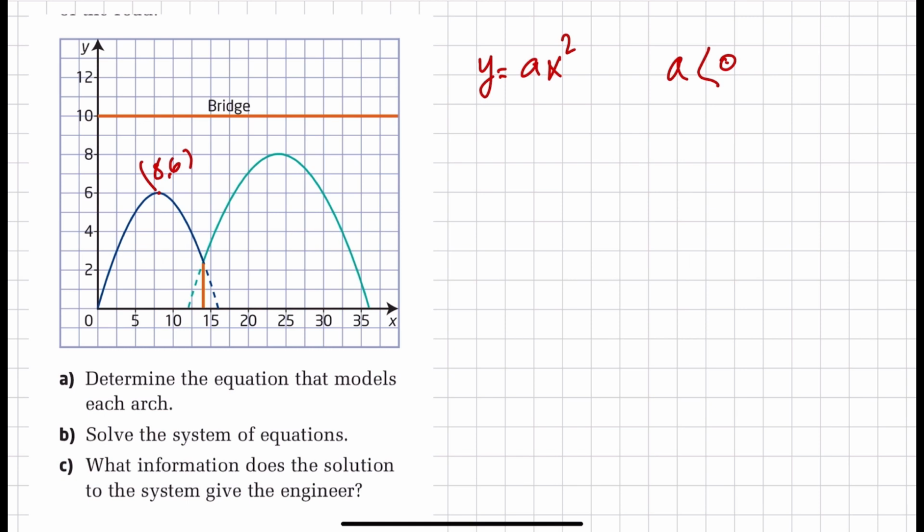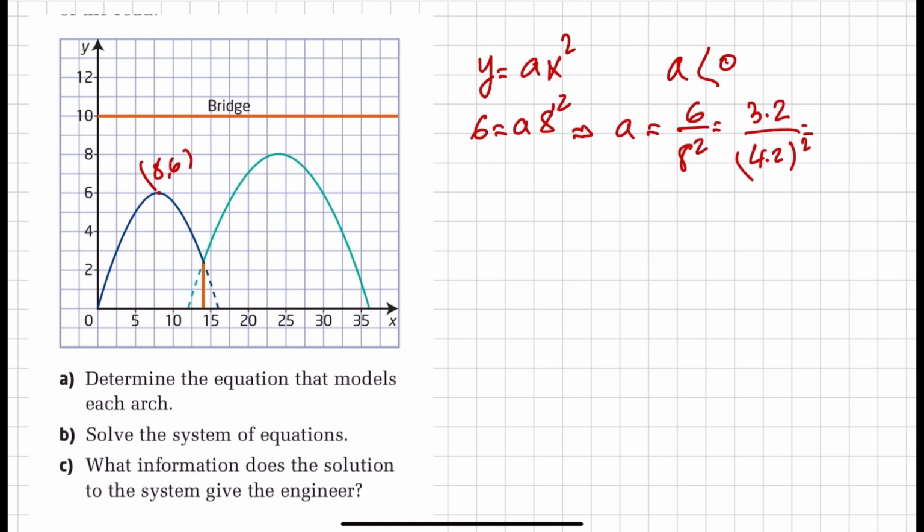Okay, so I will solve for this. I put my y here: 6 is equal to a times 8 squared, and I can isolate my a. This means that my a is 6 over 8 squared, which is 3 times 2 over 4 times 2 squared.